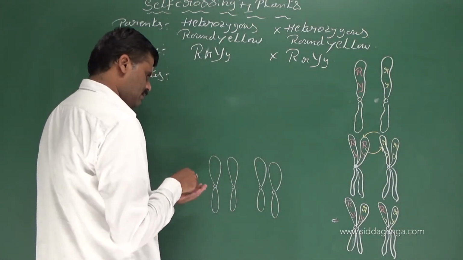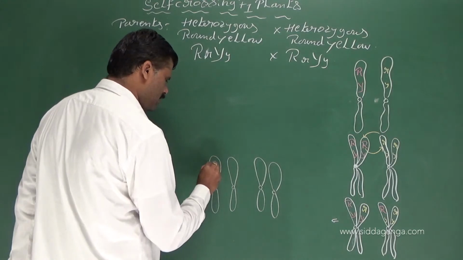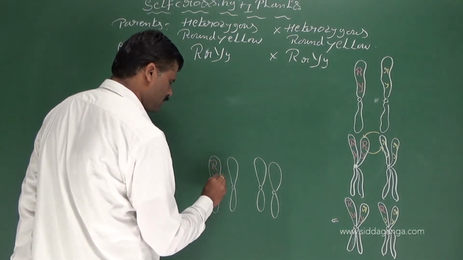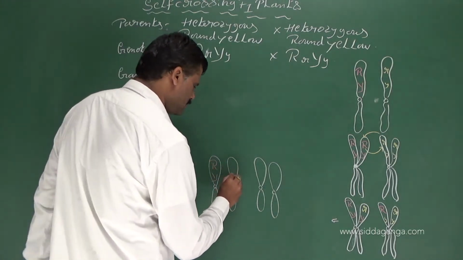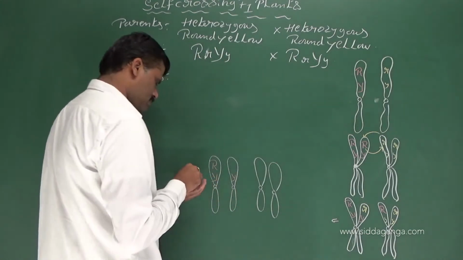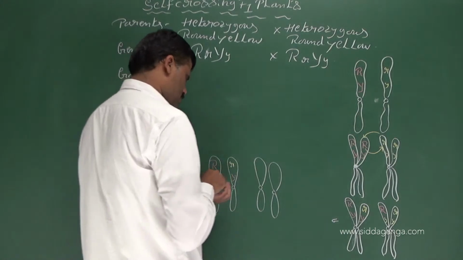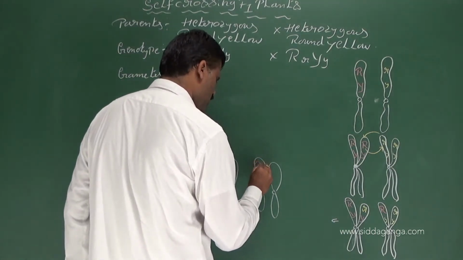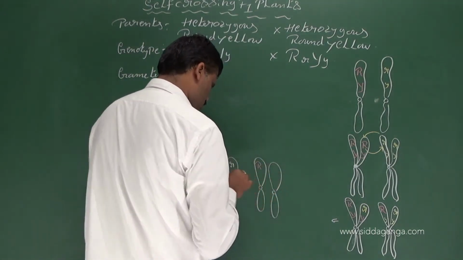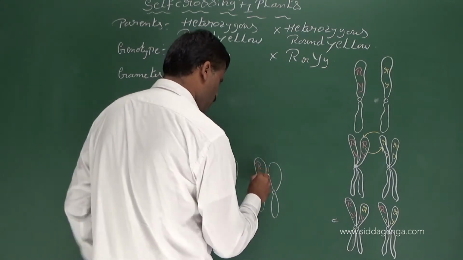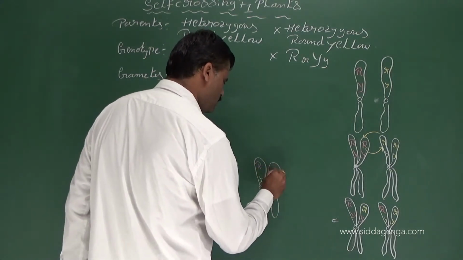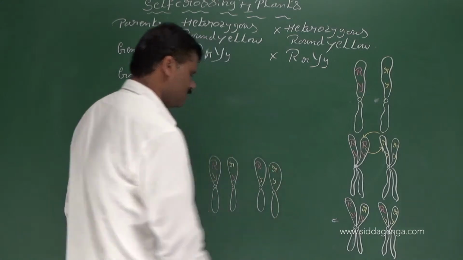That is, see here, capital R, capital Y, then here also capital Y, but small r, then here capital R, small y, small r, small y, right?